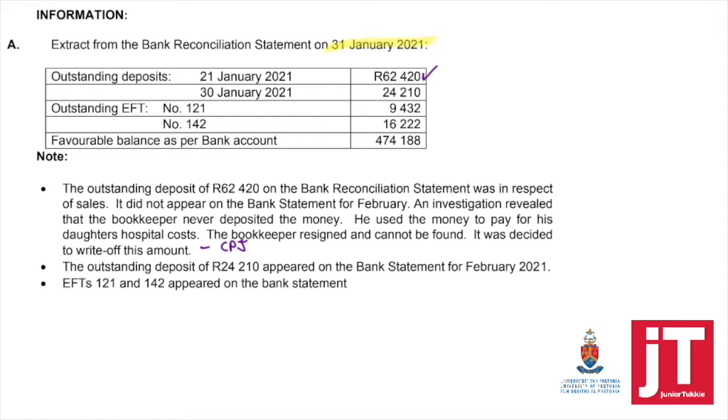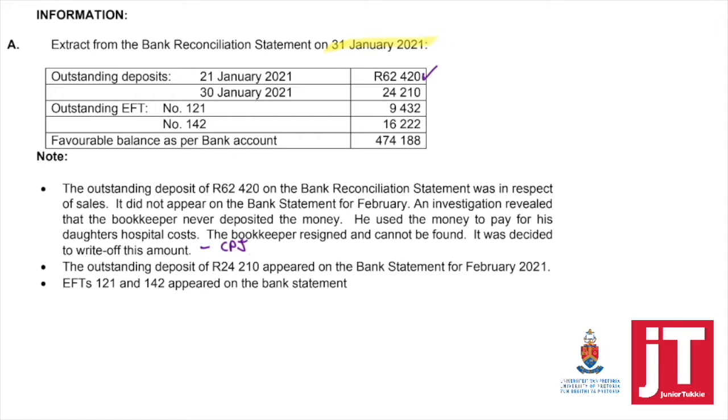So to do this correction, it will be shown in our CPJ because we're not going to recover the money. Our bank account must decrease with that amount, and we're going to show the contra account is sales. It's 62,420 less. We're going to look a little bit later on that when we complete the bank account.